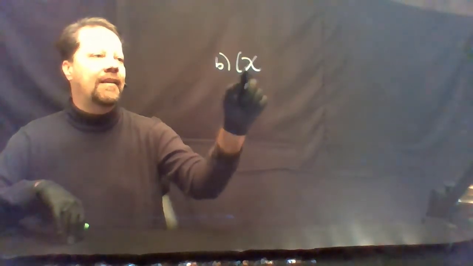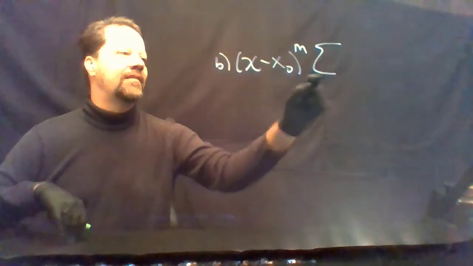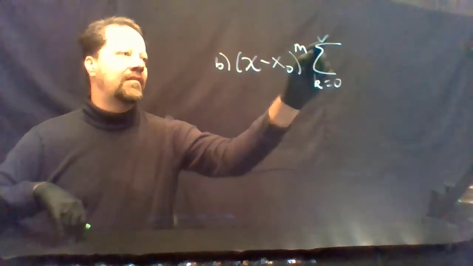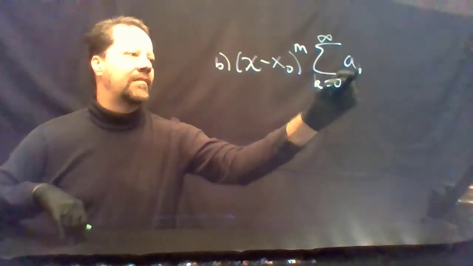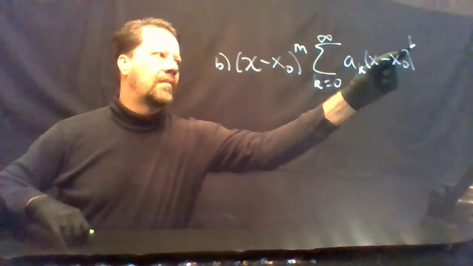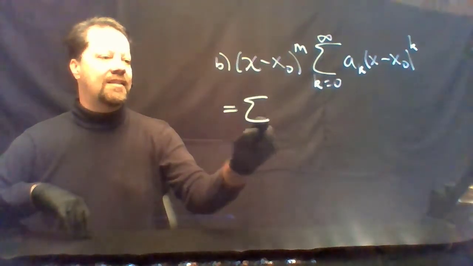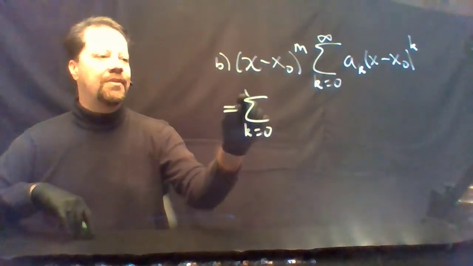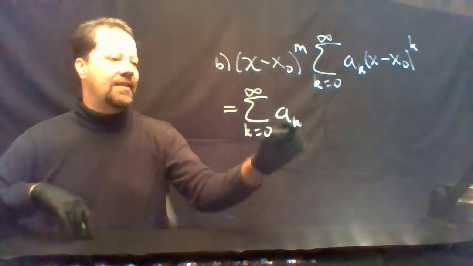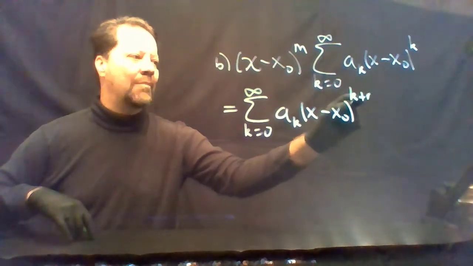I'm going to add on to that last theorem a little bit. If you multiply (x minus x naught) to the m by the series, you can write that as the sum as k goes from 0 to infinity, a sub k, (x minus x naught) to the power k plus m.